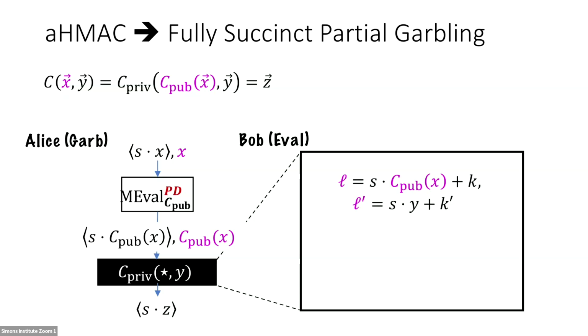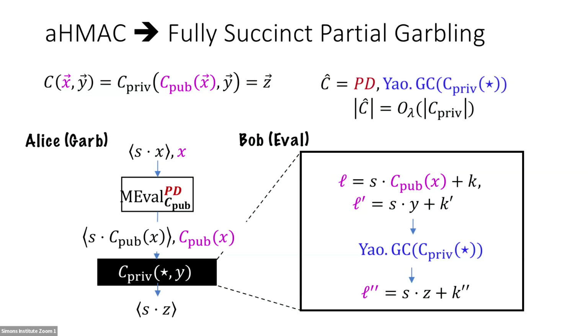Well, basically, standard garbled circuit can work, thanks to the fact that Bob's share is essentially a garbled circuit label. So if Bob additionally obtains label for the private input Y, and the garbler gives Bob a Yao's garbled circuit, a classical Yao's garbled circuit of the private circuit, they will be able to get the label for the output. Okay. So overall, the whole cost is dominated by the private circuit.